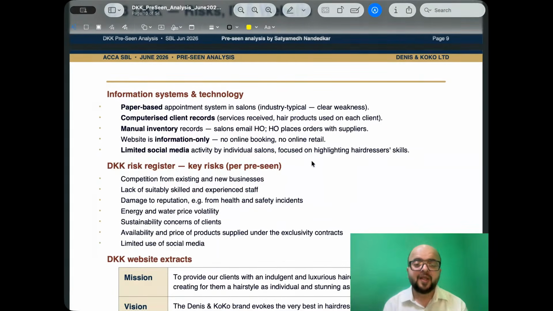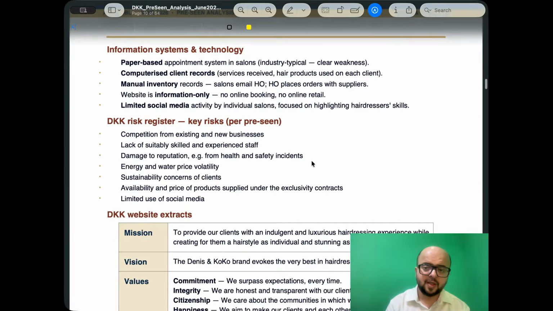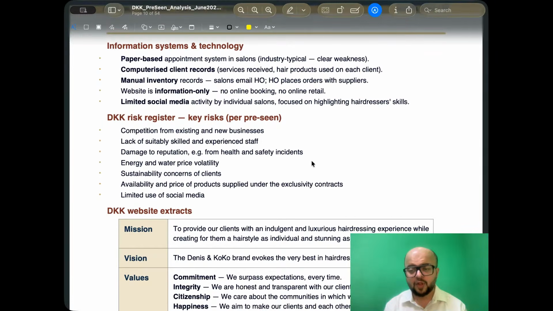Then manual inventory records, Salon emails HO, and then HO places order with suppliers. Maybe because you need a head office approval before placing the order, or maybe it could be possible for the head office to, like, let's say there is salon in location A, and then there's another one in location B. Salon A requires something, it mails HO that this material is required, please place an order.